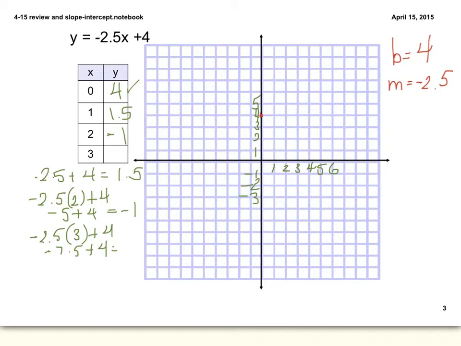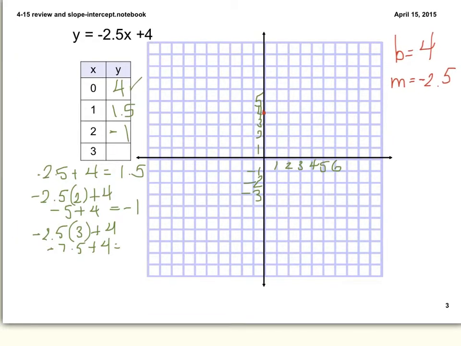If you're not sure, just go ahead and do it on the paper. Negative 7.5 plus 4. Excuse me, that's 7.5 minus 4, so 3.5. So it's going to be negative 3.5.